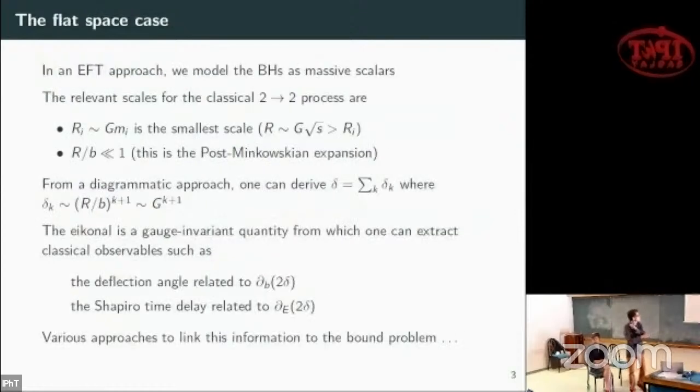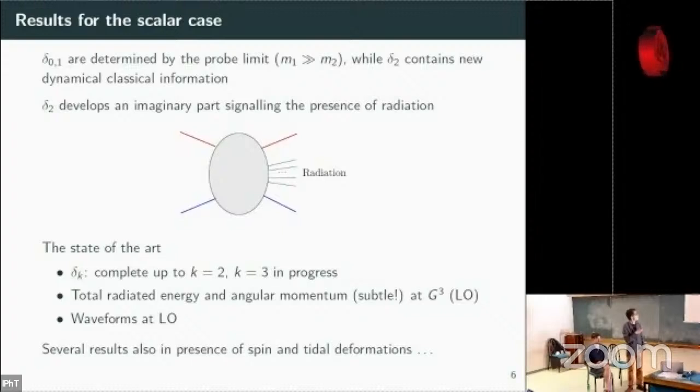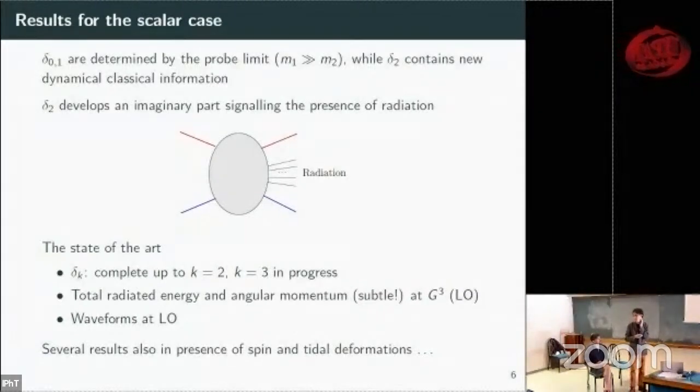Very good. So let me come to the radiation problem. So when you look at delta 2, it is third order in the Newton constant, as Daniel was saying. Many things happen, and it would be nice to understand the same problem in AdS. So one thing is that this delta 2 develops an imaginary part, right?